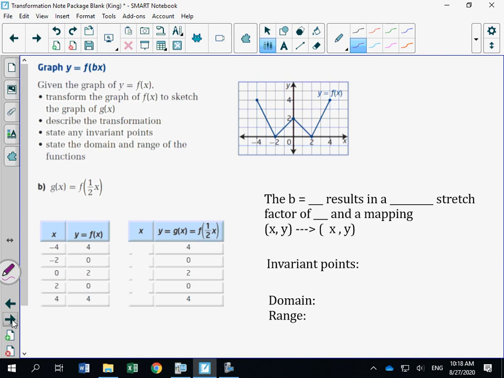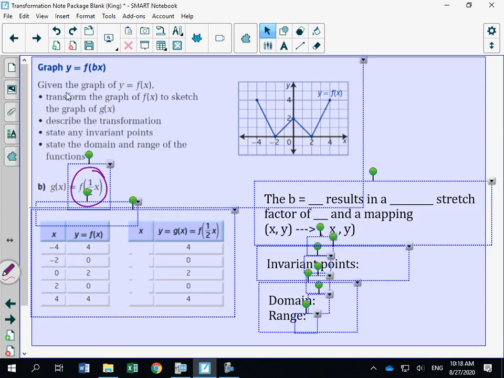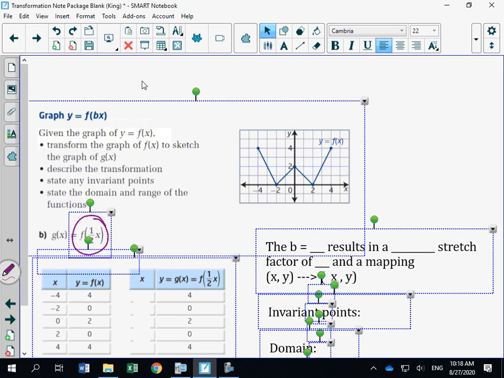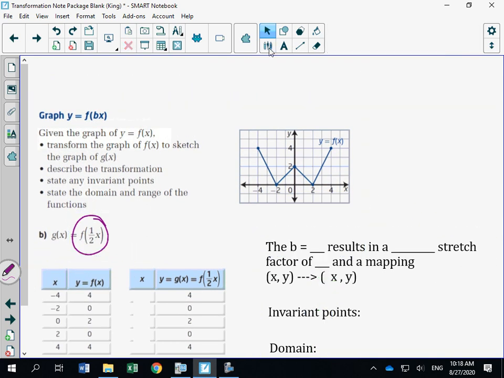Okay, so for this one here, here's our transformation. So let me just move this down. Okay, so let's see what we're doing in this question. So again, exact same graph. We're just going to look at y is equal to f of x is what they've given me.